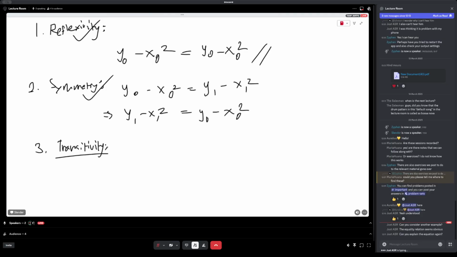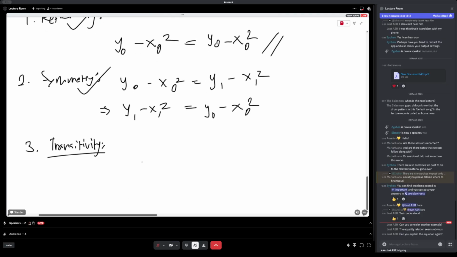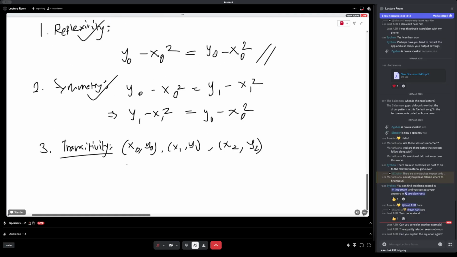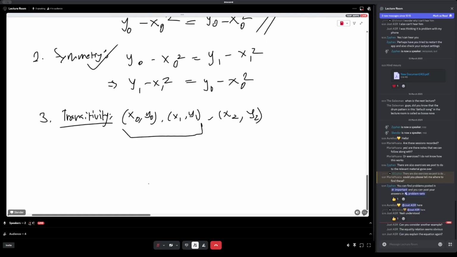And then we also have transitivity. So now we take 3 points: x0, y0, x1, y1, and then x2, y2. Let's first set these two equal.